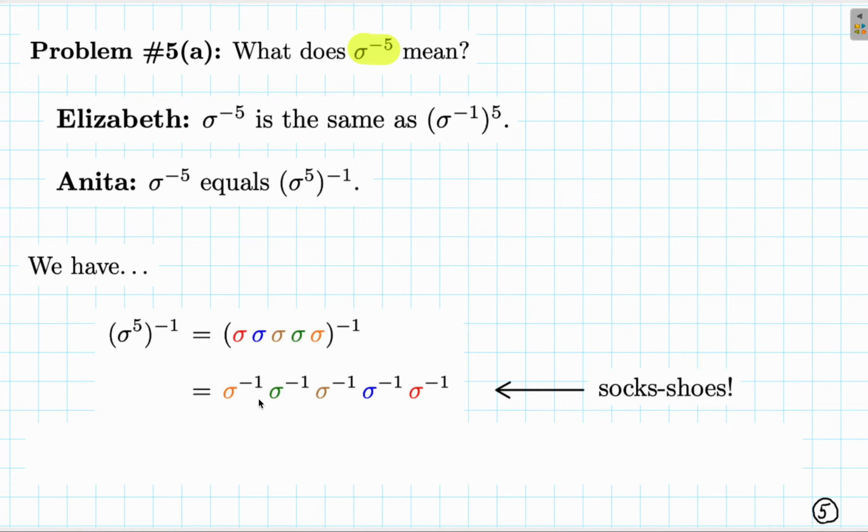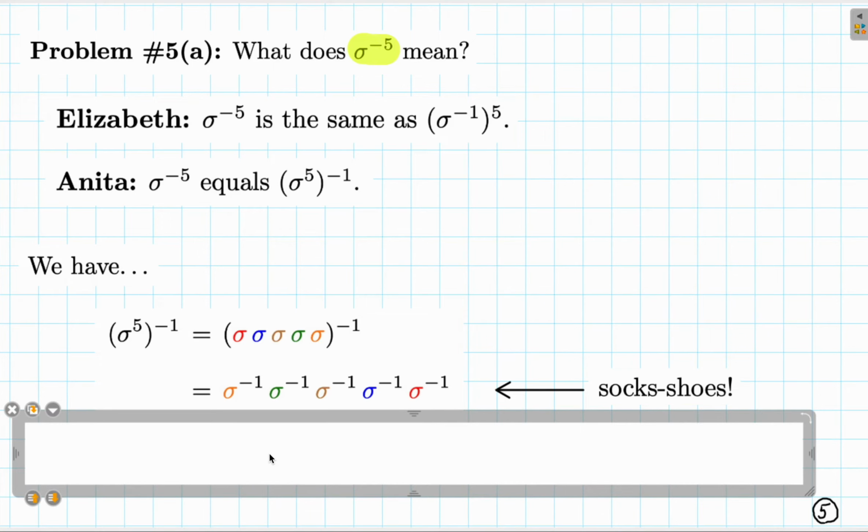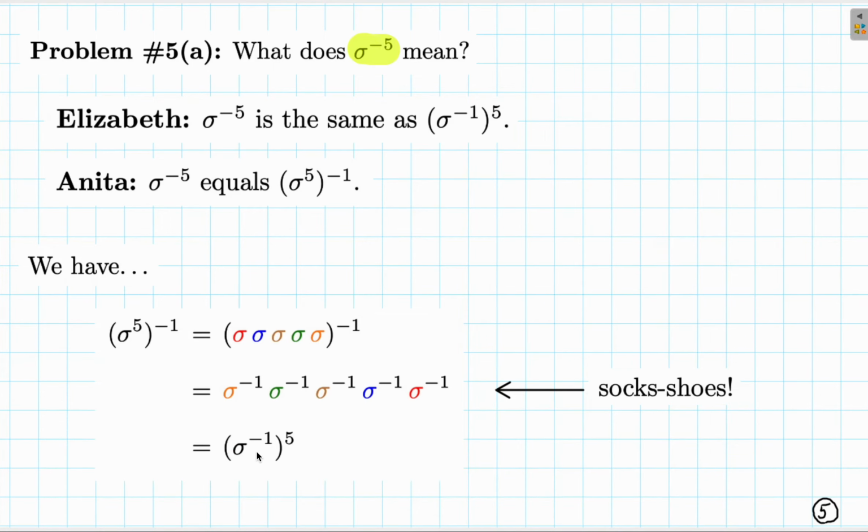But then this product is just sigma inverse multiplied by itself 5 times. A shorthand for that is sigma inverse to the 5th power. And therefore, Anita's expression and Elizabeth's expression are the same. So which one do you use? Well, it depends on the context, and we'll see scenarios in the future where both interpretations could be useful.